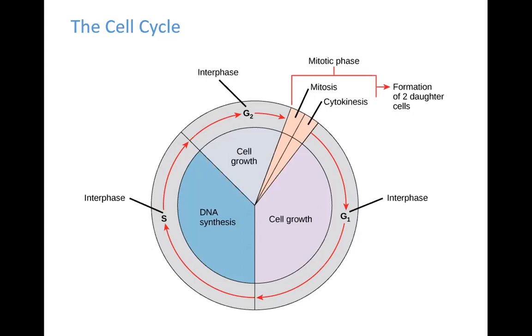It doesn't take half the cell's lifetime to replicate its DNA. It's very quick because it can't survive with a whole other set of DNA floating around inside its nucleus. How could it function with two sets of controls? So it makes its DNA very quickly before it's ready to go into mitosis.